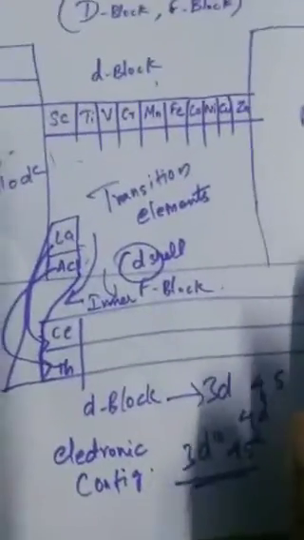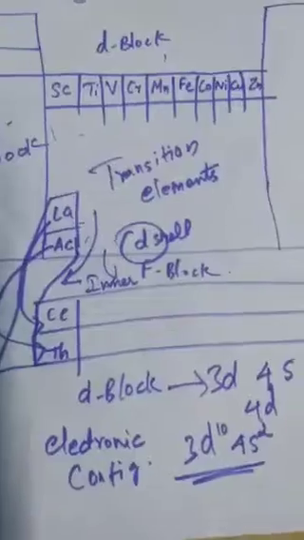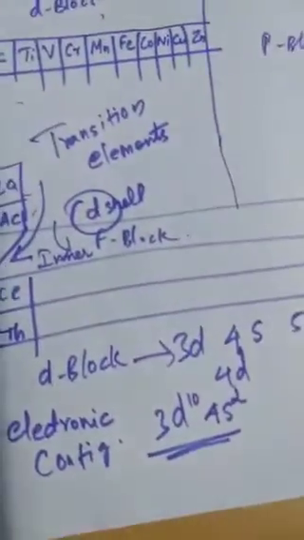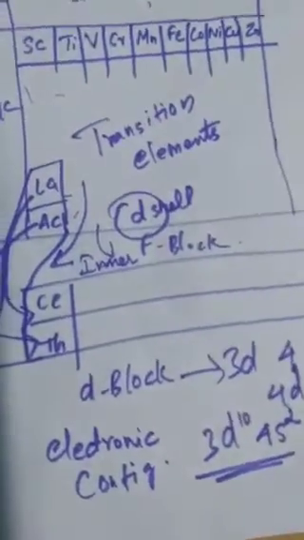Basics of transition elements done. Now we are going to see their properties: their ionization enthalpy, their melting point, etc. If we consider melting point, it first increases as the number of d electrons available increases.